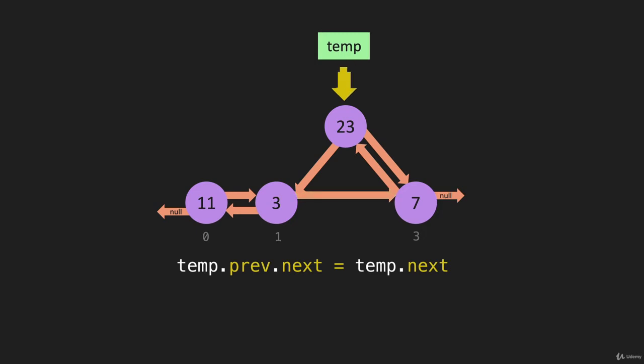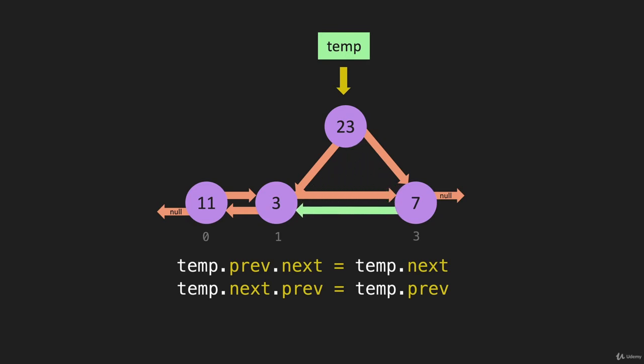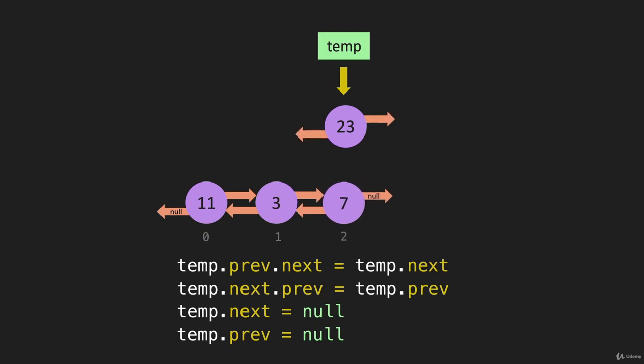Similarly, we can say temp.next.previous is equal to temp.previous. Like that. And that will move that arrow down. The only thing we need to do now is to say temp.next and temp.previous are both equal to null. And that will break that off the list like that.